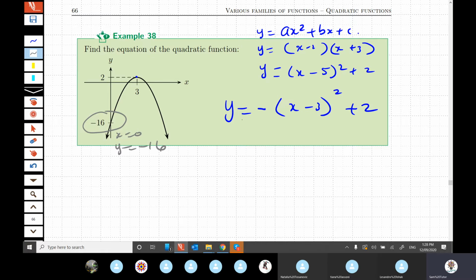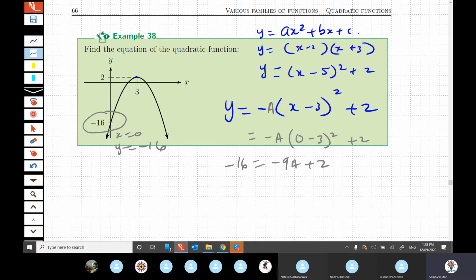So again, let's call it a, the number I'm missing here at the front, just like we did before. I didn't write a before because you guys could see 3 times 8 is 24. But let's say that was a, 0, take away 3 squared plus 2. That's 9, negative 9a plus 2 must give you a y value of negative 16.